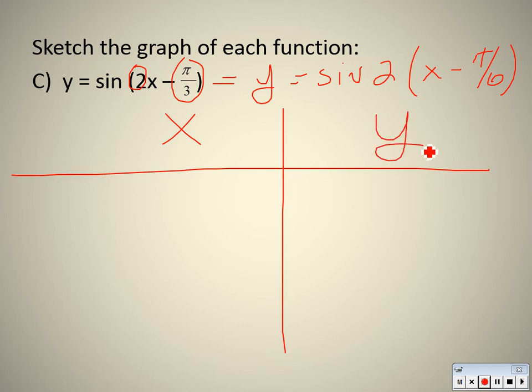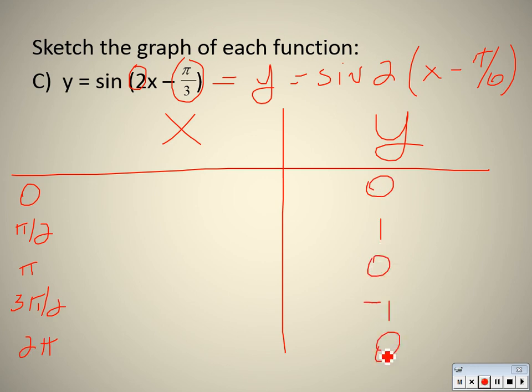So my original sine value, 0, pi over 2, pi, 3 pi over 2, and 2 pi. And then the y values I have for sine, 0, 1, 0, negative 1, 0.